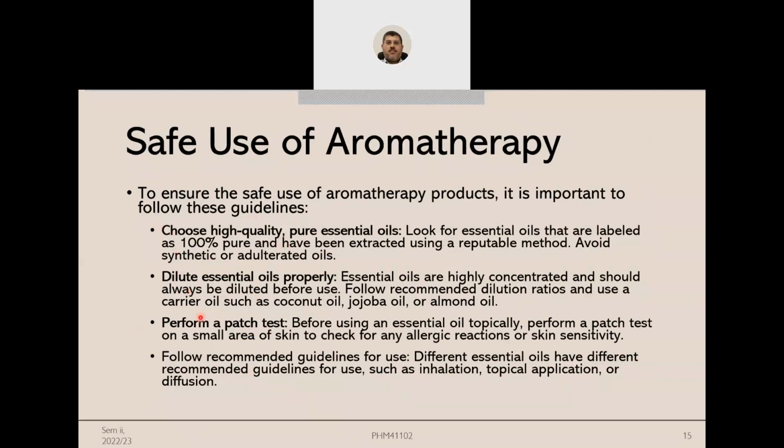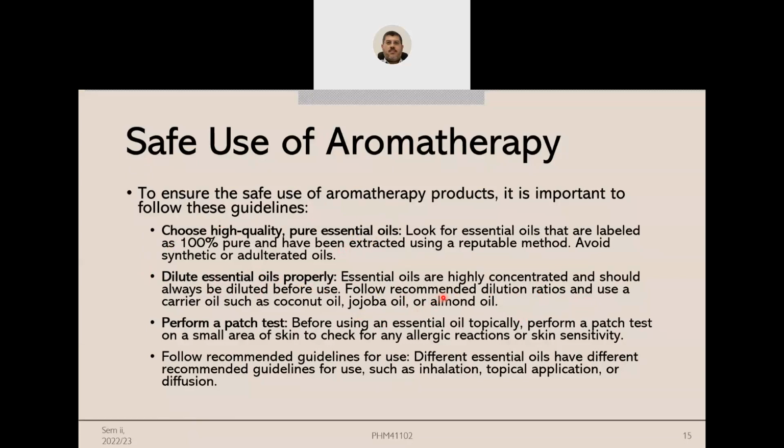So based on the risks we mentioned, we take it the other way: how to use aromatherapy safely to avoid these risks. As we mentioned, number one, choose pure essential oils. Dilute them before use, depending on the recommended dilution ratio, because if it is not diluted, it may have risk.